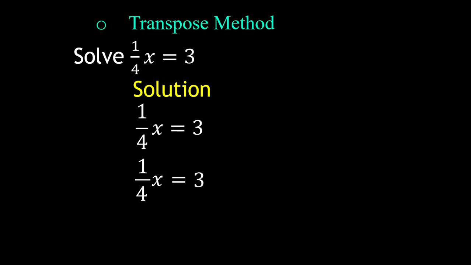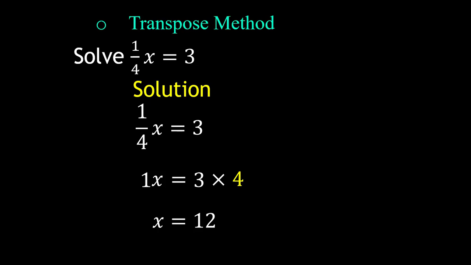This time, you realize that we have 4 dividing at the left hand side. And so, if it should go across, it has to simply multiply, as shown on the screen. And remember, 1x is simply the same as x. And then 3 times 4 is simply 12. That simply means that x is equal to 12, as shown on the screen.